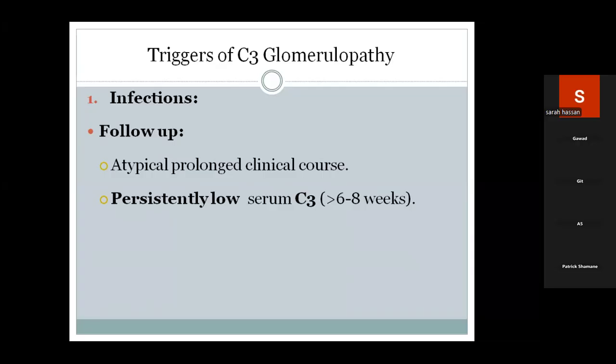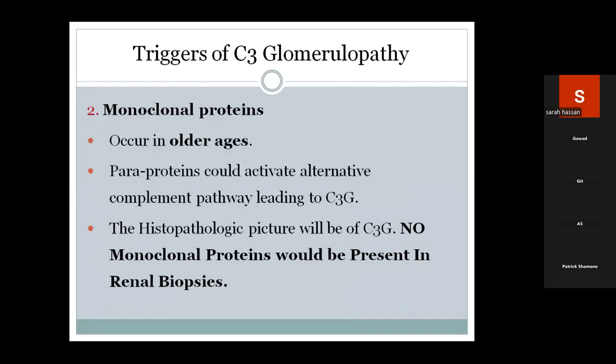The second trigger could be monoclonal proteins, which is more common in older ages. These proteins trigger this by activating the alternative complement pathway, leading to C3 glomerulopathy.